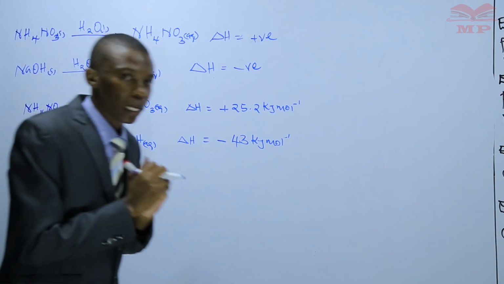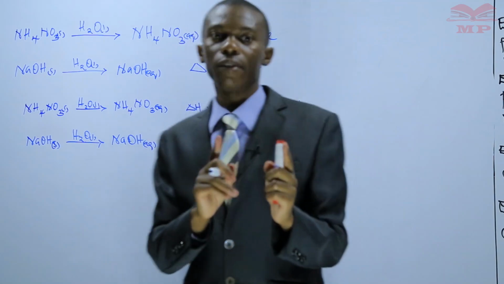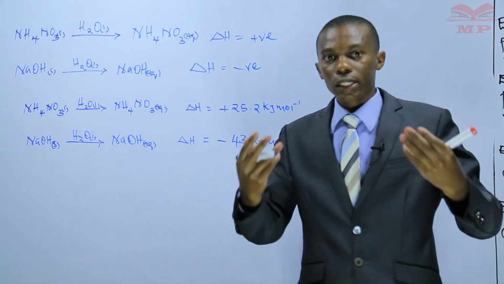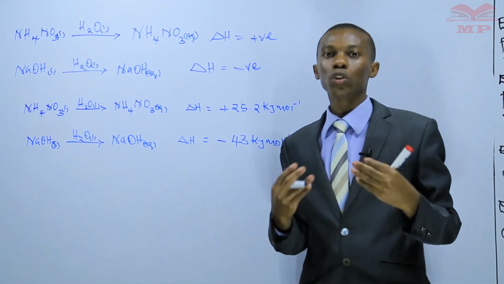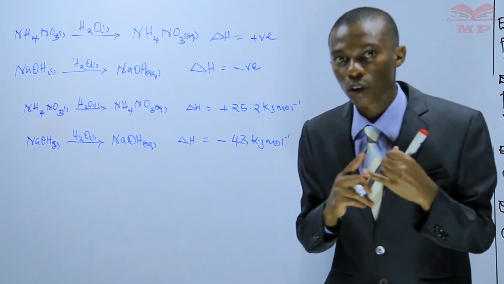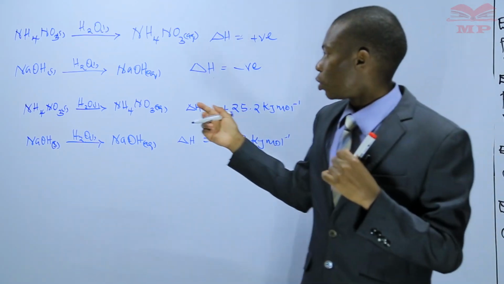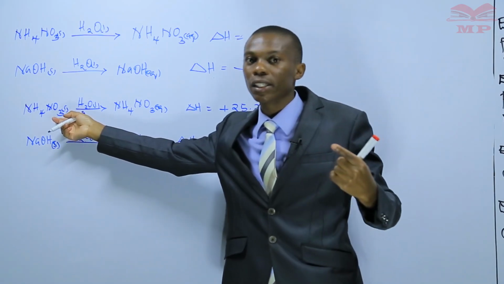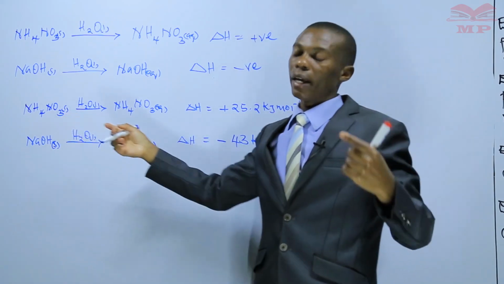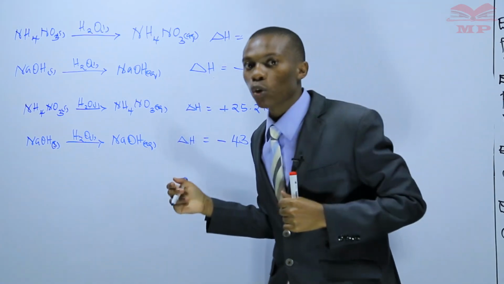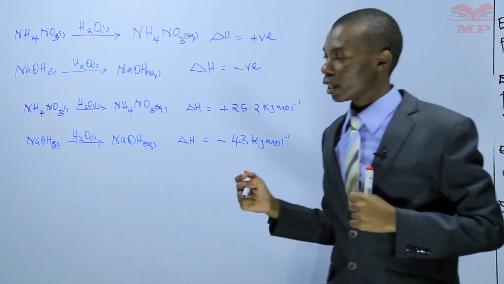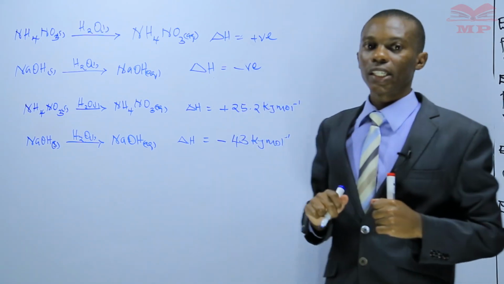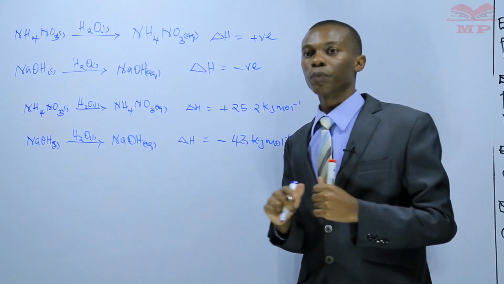Then maybe to explain why we are getting 25.2 and 43, this is the energy change which will be realized when you dissolve 1 mole of sodium, not sodium, but ammonium nitrate in water. So when you dissolve 1 mole of ammonium nitrate in water, you'll get the enthalpy change is positive 25.2.